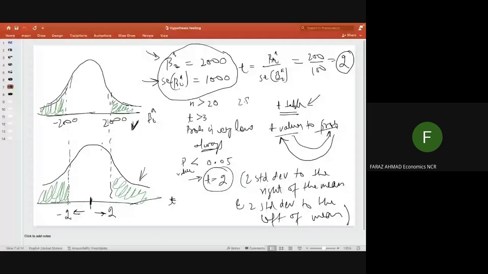There's a simple formula that if we take the ratio of the sample statistic beta 2 hat in this case divided by its standard error gives us a t value of 2, suppose, then we can see the correspondence between beta 2 hat, which was 2000, and t, which is 2.